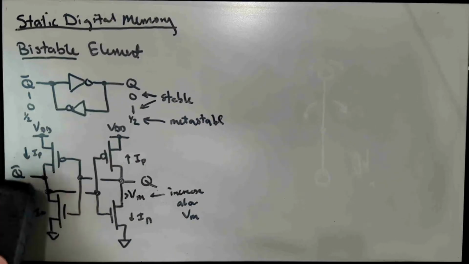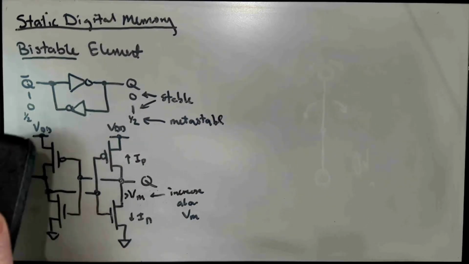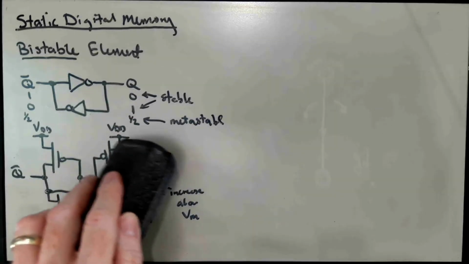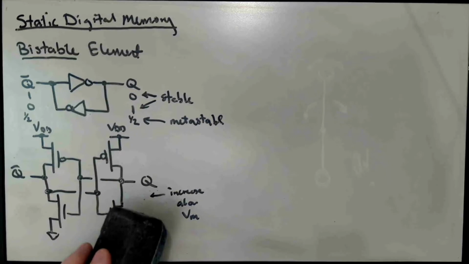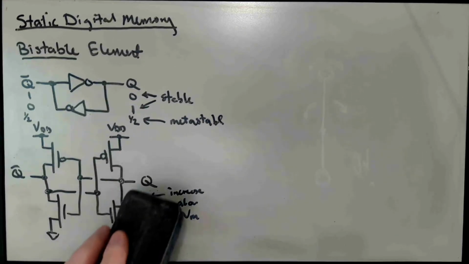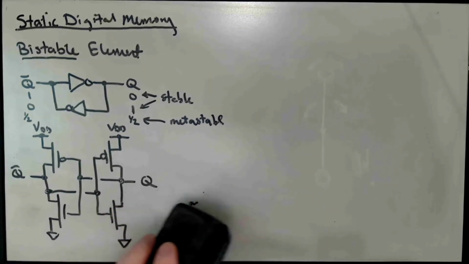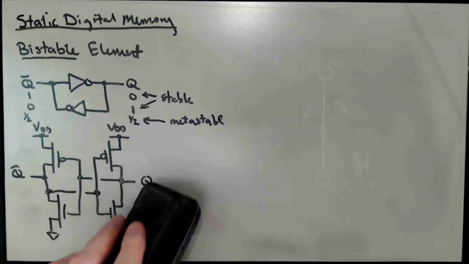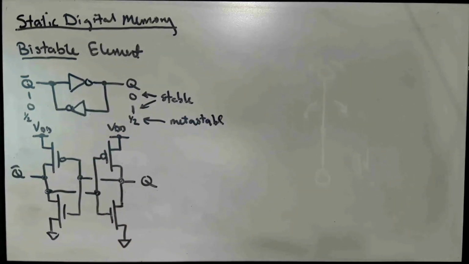But the biggest issue there, just summarizing, would be that theoretically this metastable state can take an unbounded length of time to resolve itself into one of the two stable states. And that's bad news if you have a clock that's ticking at a certain time by which all things need to have stabilized.